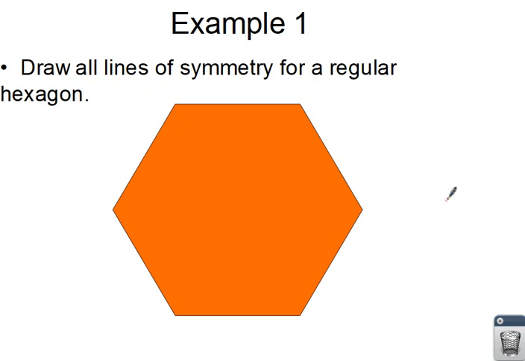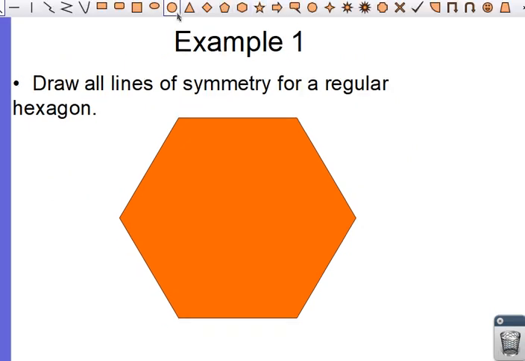So how this works, if you took a hexagon and you're going to draw all the lines of symmetry of it, then we could draw a line of symmetry here. We could draw a line of symmetry here. We could draw one here. All of these lines, you could cut the shape in half on that line and have two equal halves.